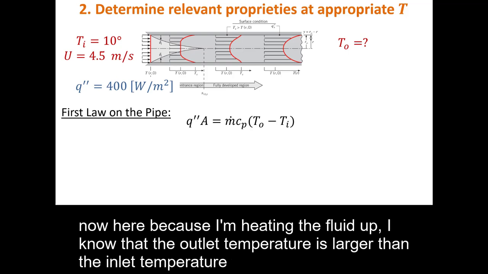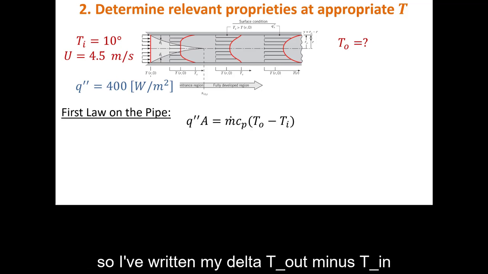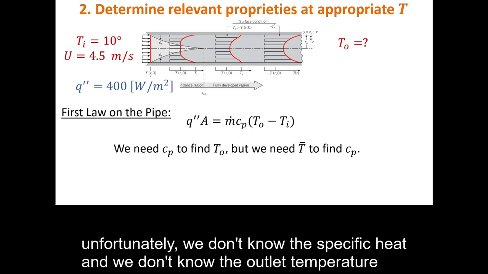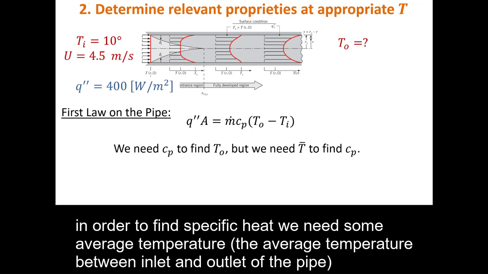Now here, because I'm heating the fluid up, I know that the outlet temperature is larger than the inlet temperature, so I've written my delta T as T out minus T in. Unfortunately, we don't know the specific heat, and we don't know the outlet temperature. In order to find specific heat, we need some average temperature, the average temperature between the inlet and the outlet of the pipe.